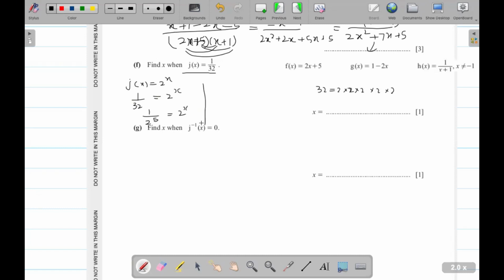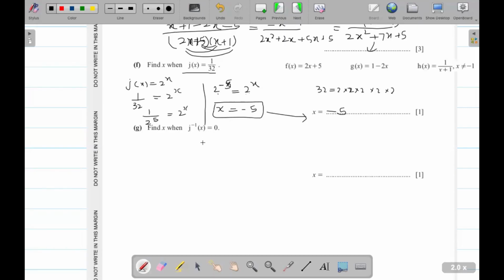We shift 2 power 5 from denominator to numerator. This becomes 2 power minus 5 equal to 2 power x. When the base of the function is the same, we can equalize the powers. Therefore x equals minus 5 will be the value of x, and this is the answer.